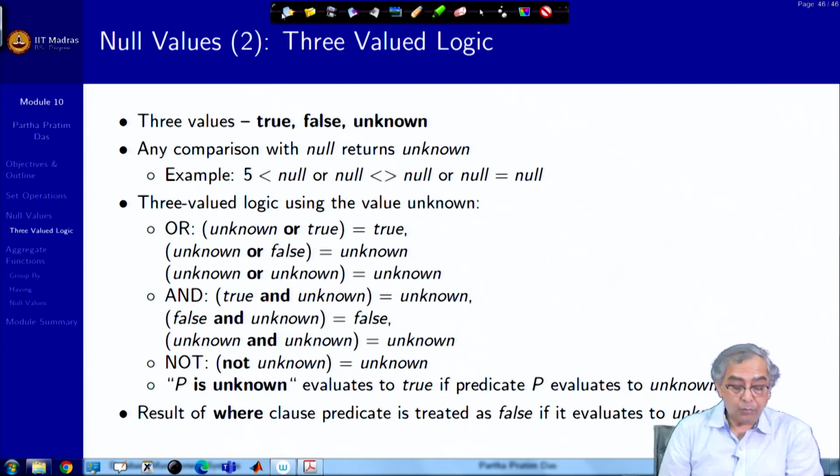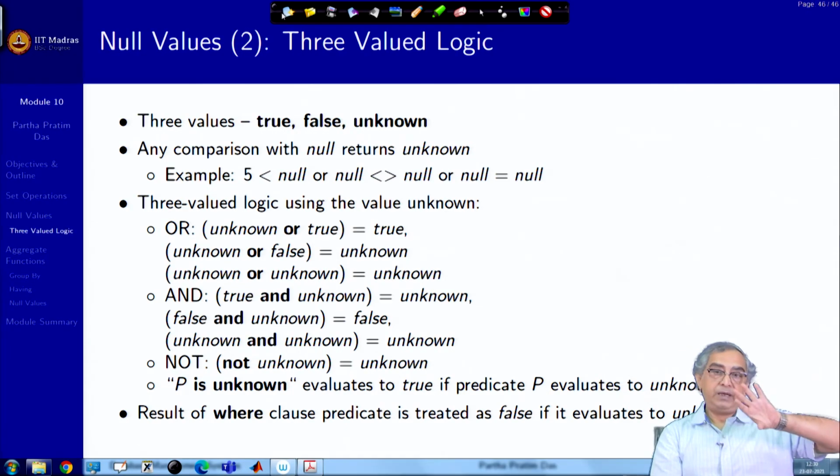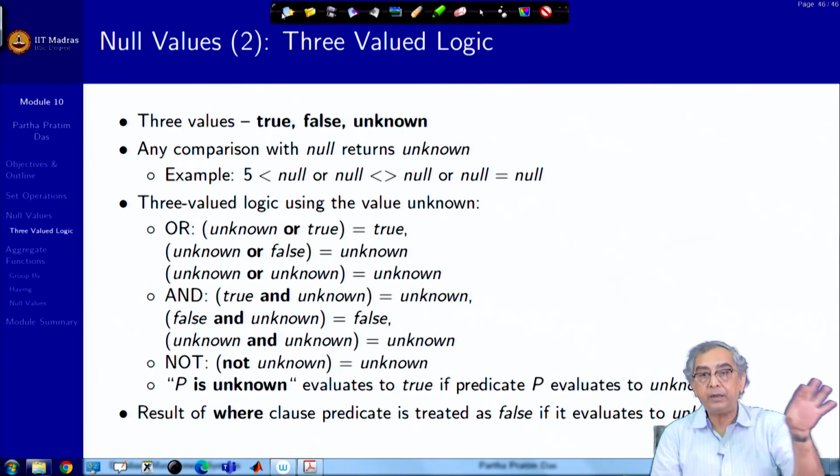Now, if predicate P evaluates to unknown, that is null, as he said. When it occurs, finally, you will have to take things to the Boolean algebra, because that is where it will feature in the where clause.